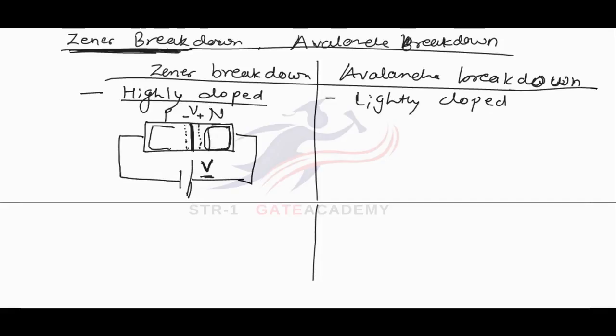This region is conducting, so drop will be very less, and we can neglect these two drops in these two regions, and we will consider that the applied voltage will drop across this depletion layer, and depletion layer width W we can measure, and now the electric field that is acting on the depletion layer can be calculated as V upon W.